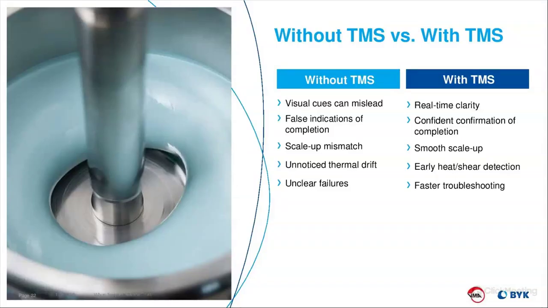So without TMS, with TMS. Without the TMS, you can have visual miscues, right? You can get incomplete product. You have mismatches in scale up, which makes it very difficult. A lot of guesswork, trial and error. You can have unnoticed thermal drifts and unclear failures, which is a big part of this, right?